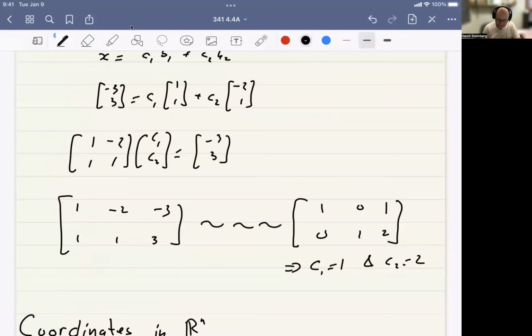And so the coordinates of x relative to our new basis is just (1, 2), and this means that x is equal to one copy of the vector (1, 1) plus 2 copies of the vector (-2, 1).